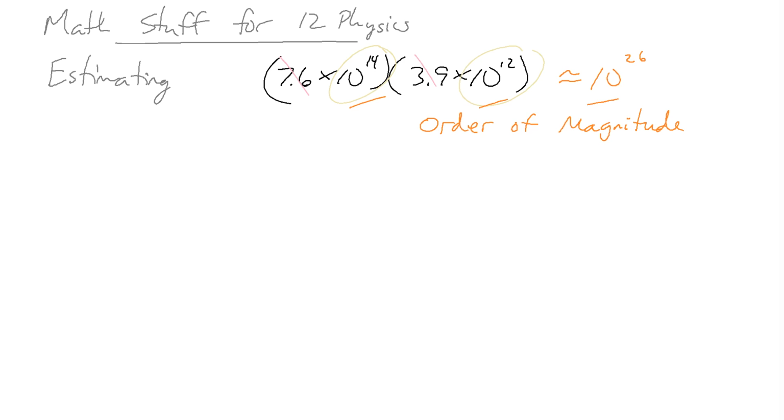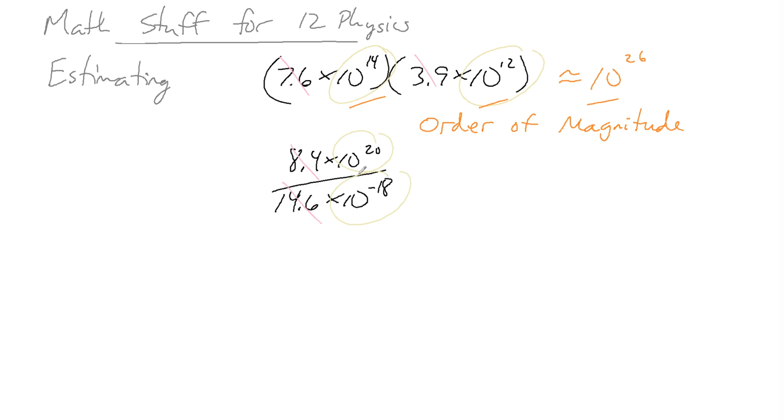Okay, same thing if we had something like 8.4 times 10 to the 20 divided by 14.6 times 10 to the negative 18, and I want to estimate this. Forget the 8.4, forget the 14.6, it doesn't matter, it's irrelevant. All I want is a quick estimate. So I'm going to look at the 10 to the 20, and the 10 to the negative 18. That's it.